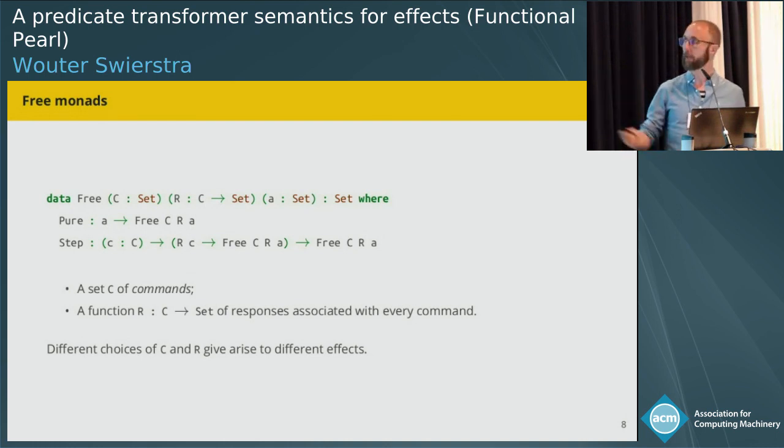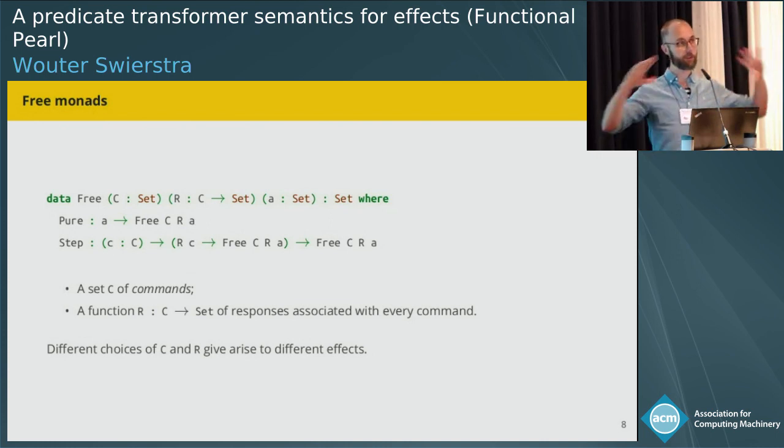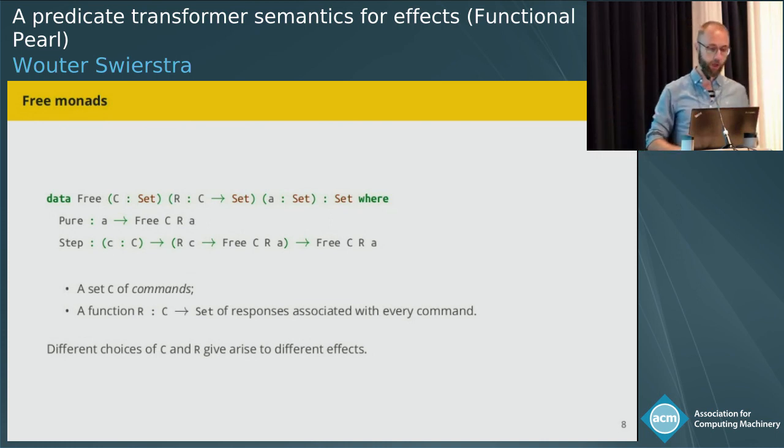And then I can use that in the continuation I have as a second argument of the step constructor. Or I can just return a result of type A. So I have pure and step, and these are the 2 things that I can do to build these kinds of syntactic structures. And different choices of C and R give rise to different effects.